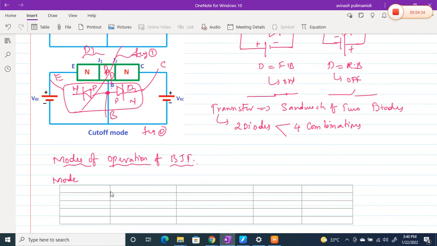In the first mode, what will we write here? Let us consider this is the cutoff mode.